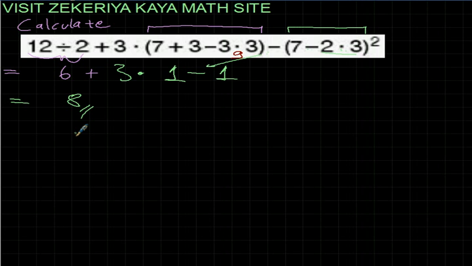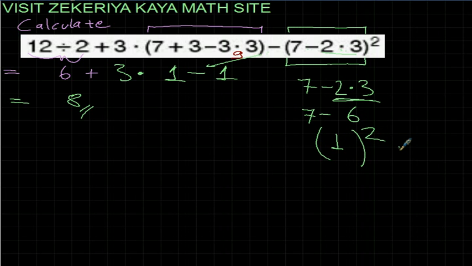Firstly, we calculate inside of the parentheses. What we have in there is 7 minus 2 times 3. Multiplication comes first. 7 minus 2 times 3 makes 6. 7 minus 6 makes 1. And if you take power 2, it will be equal to 1 again. Okay.